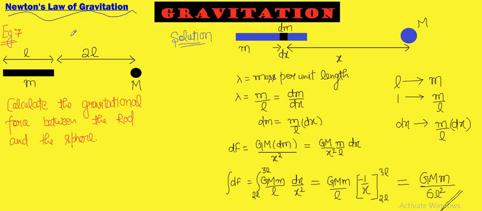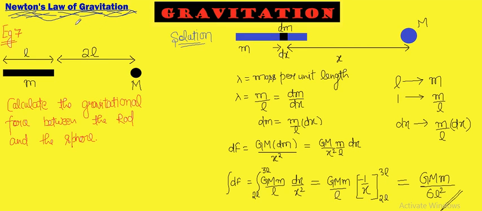In the next video, I'm taking a little tougher question. We are still on Newton's law of gravitation, but I told you that you can apply it easily on point masses.